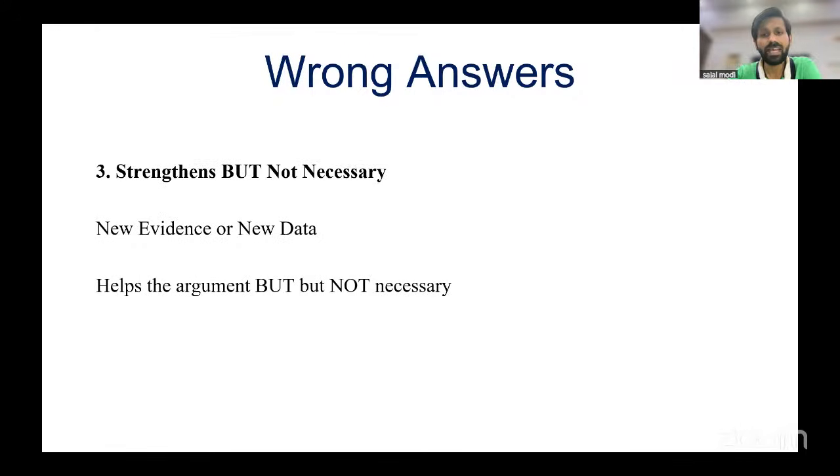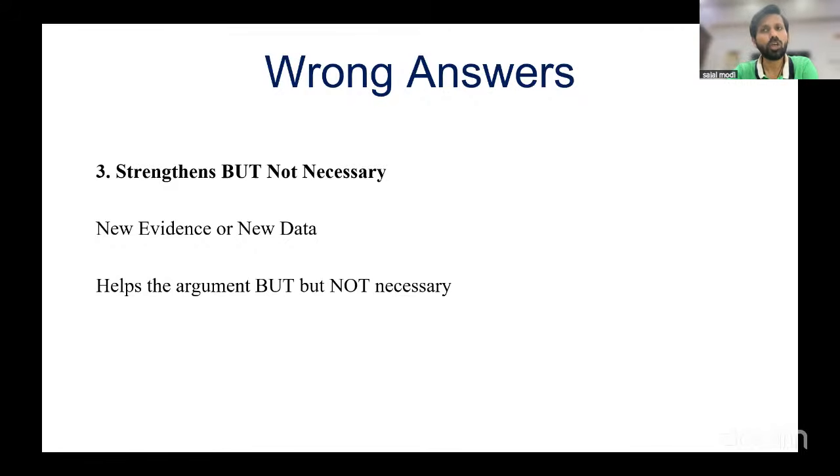Then the third type is something that strengthens the argument, because we said assumptions are necessary premises, right? And a premise is something that supports the argument. But the other requirement for being the assumption is the necessity part.